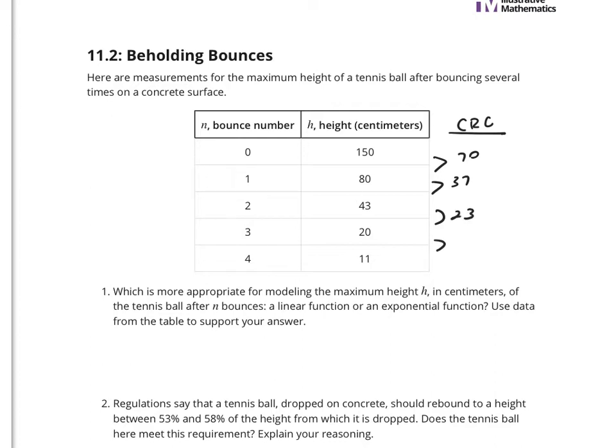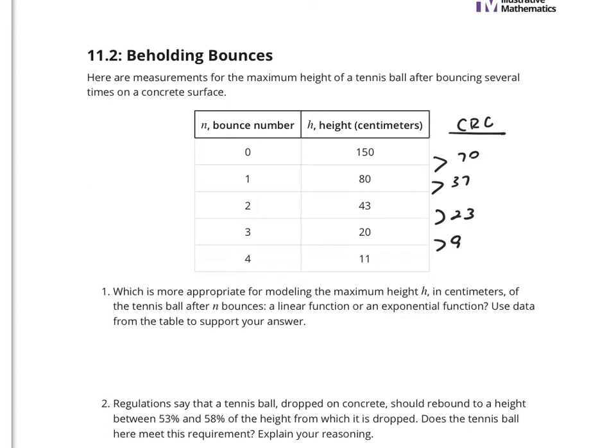And then we've got 20 minus 11, which is 9. So we can see that the constant rate of change is definitely nowhere close to each other.